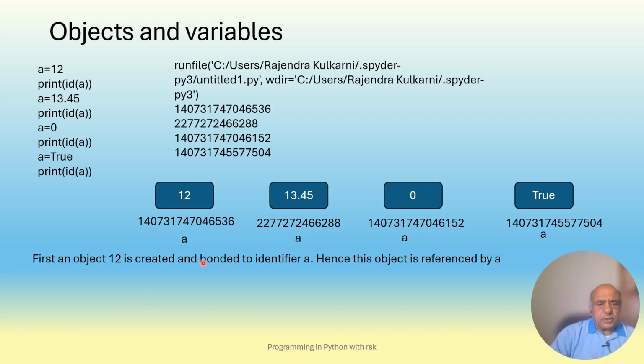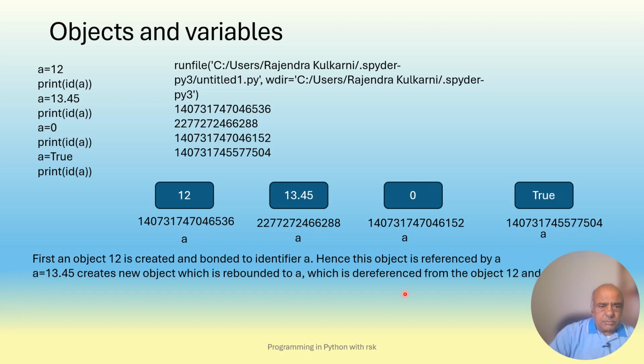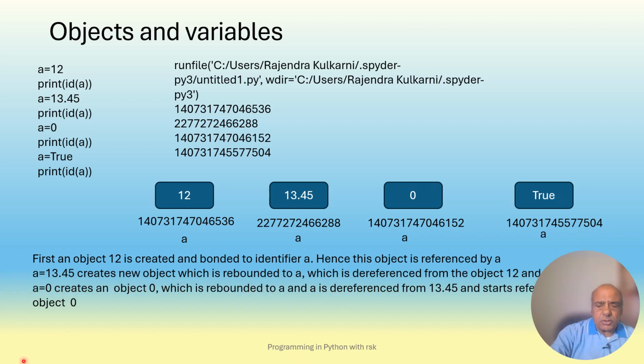So first an object 12 is created and bound to identifier A, since this object 12 is referenced by A. When A is equal to 13.45, a new object is created which is rebound to A. A is dereferenced from the earlier object, which is 12, and it starts referring to the new object 13.45.